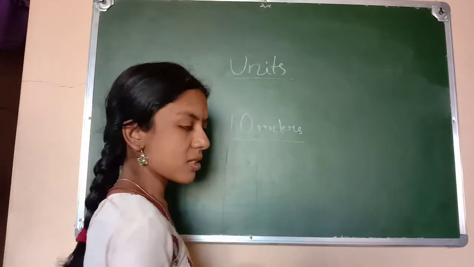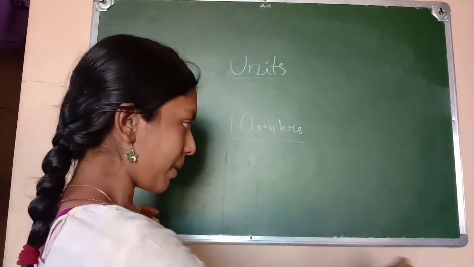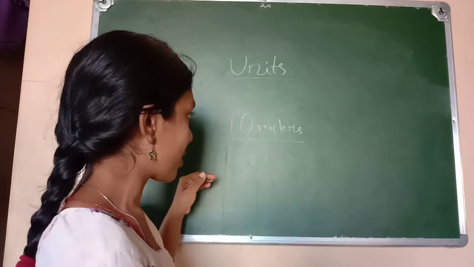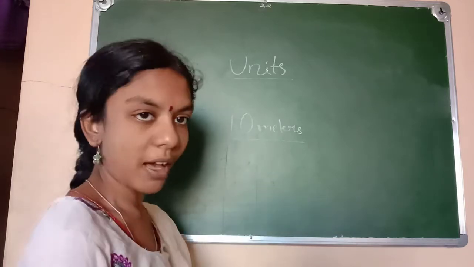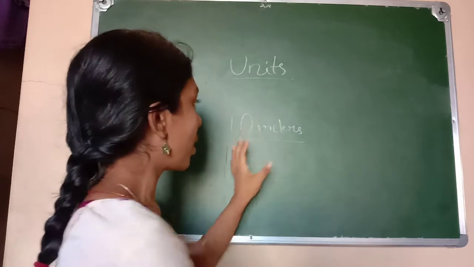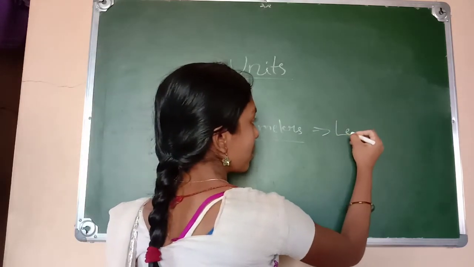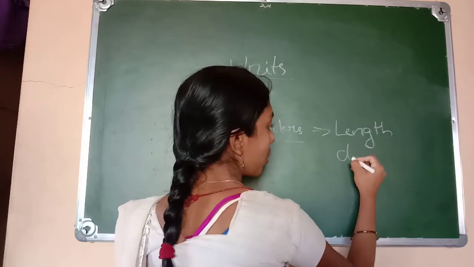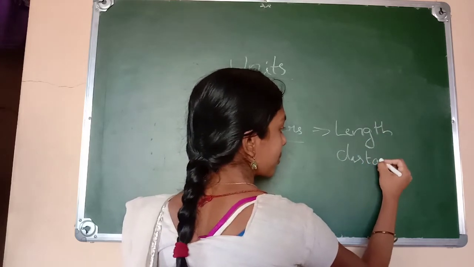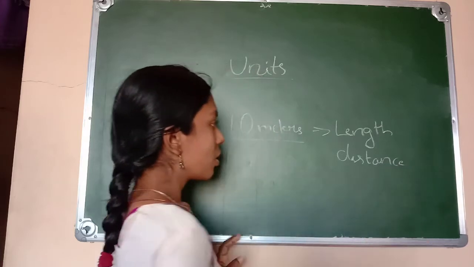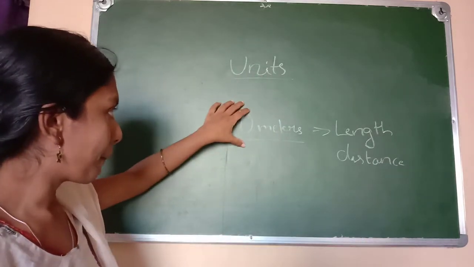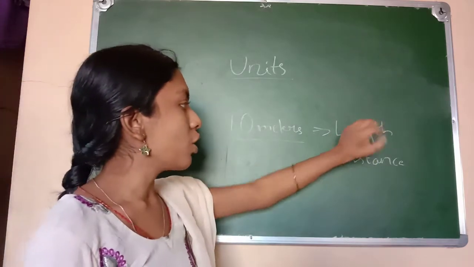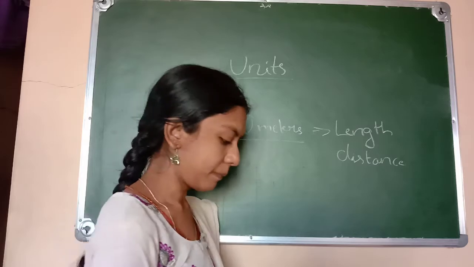So 10 meters says it is 10 meters long, or the cloth is 10 meters long, or the building is 10 meters away. So this is used to measure the length or the distance. When a number is accompanied by a unit, you get the value of something you need to define.